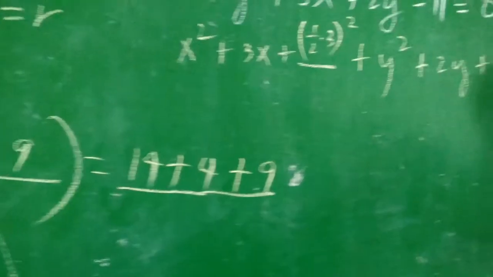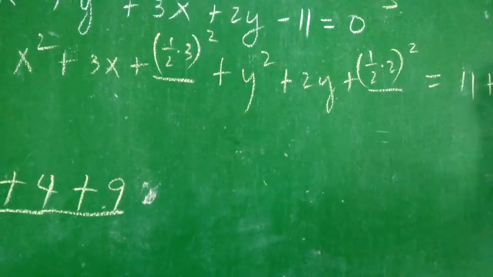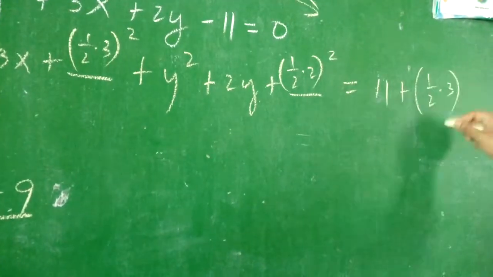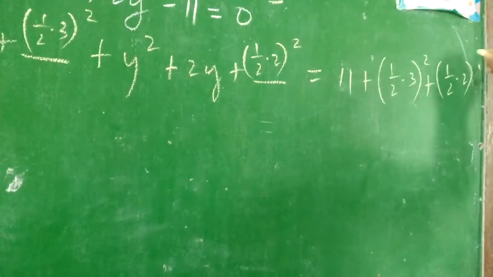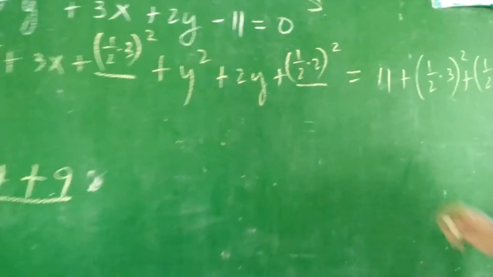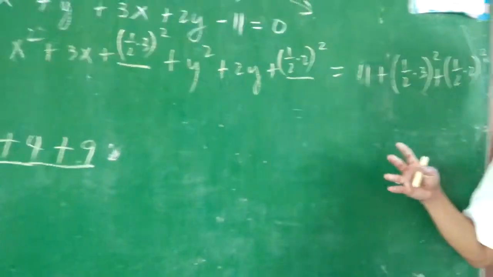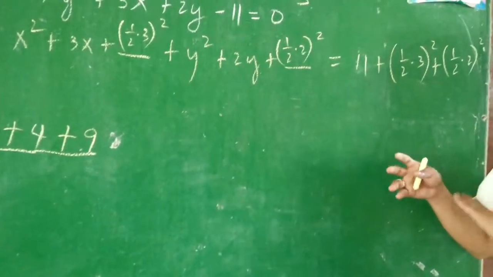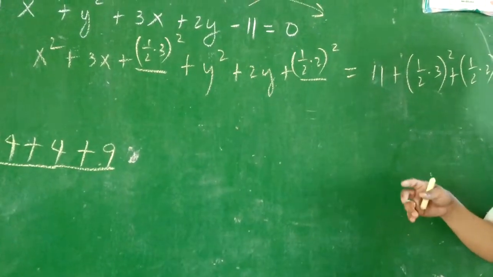Here, 1/2 of 2, square it. So we add these two constants on the left side. We do it on the right side in order to maintain equality.